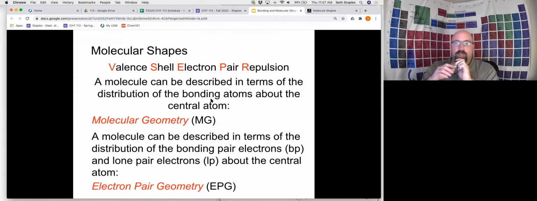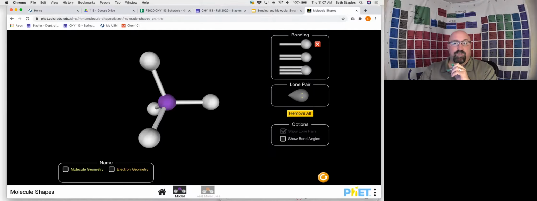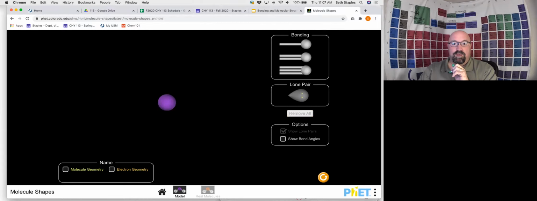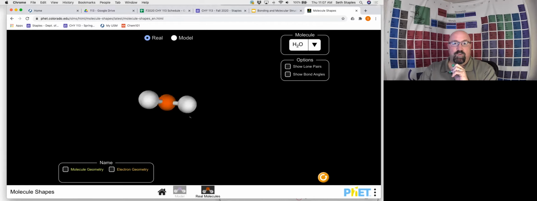Okay. And so we're going to define both the molecular geometry, which is the geometry that the actual atoms within the compound have. We're also going to talk in terms of electron pair geometry, which takes into account the atoms and any lone pairs that might be around the central atom as well. And so in the case, for instance, when we looked at water, let's bring it back here to water.